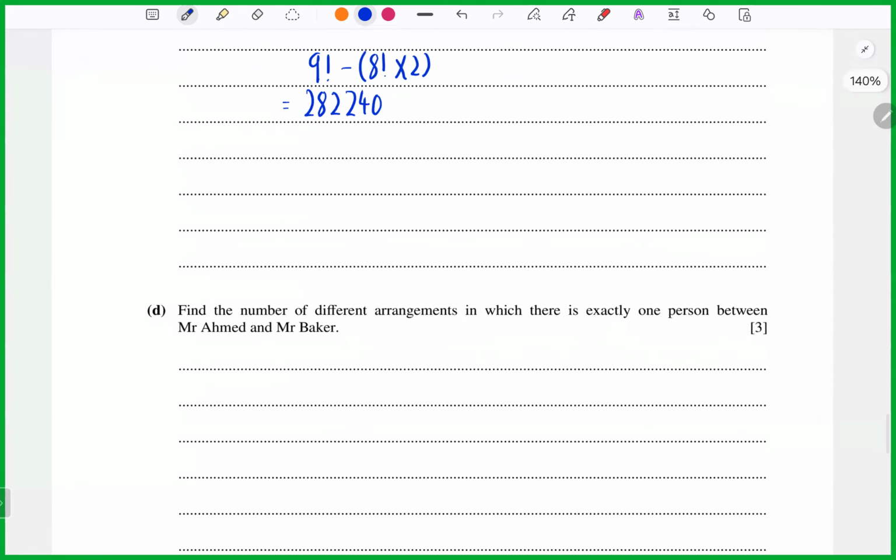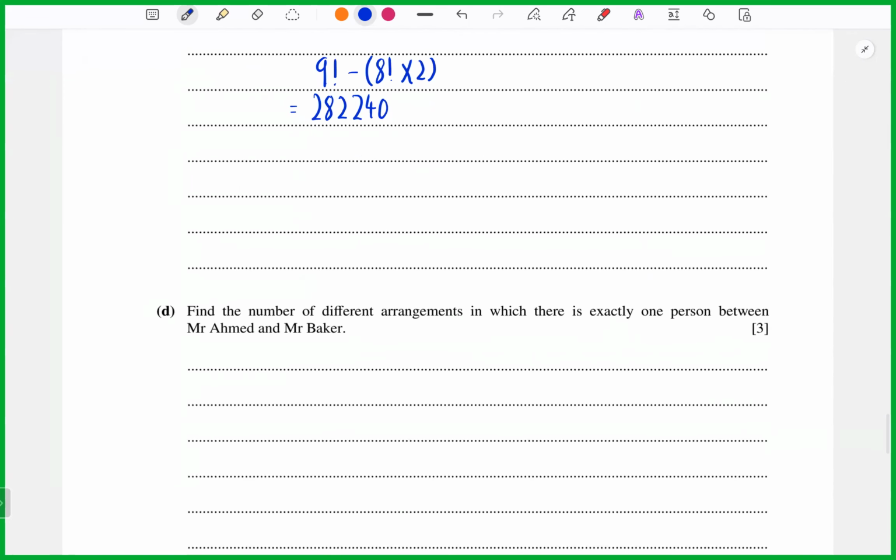And then we see one more, the next question. Find the number of different arrangements in which there is exactly one person between Mr. Amis and Mr. Becker. So 1, 2, 3, 4, 5, 6, 7, 8, 9. Amis and Becker, so it's one person between. Then 1, 2, 3, 4, 5, 6, 7.